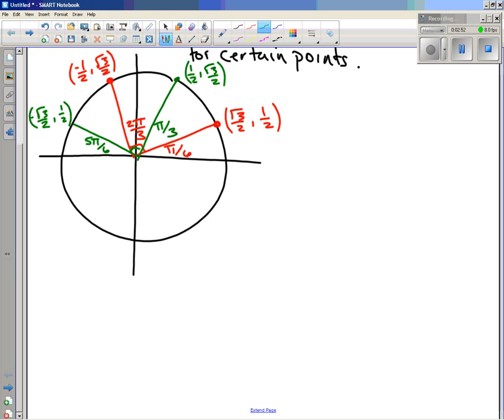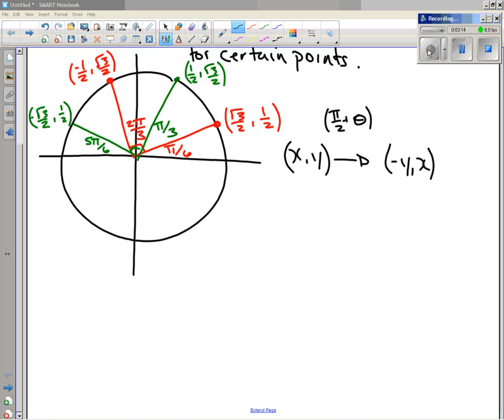Okay, so if we take an XY point and apply a rotation of 90 degrees, and we can describe that rotation of 90 degrees as being pi by 2 plus theta, we get a coordinate of negative y and x. And we're going to use that to draw a picture in general.